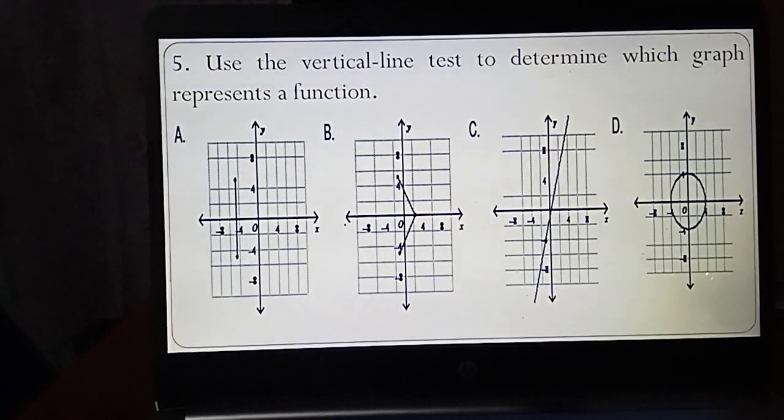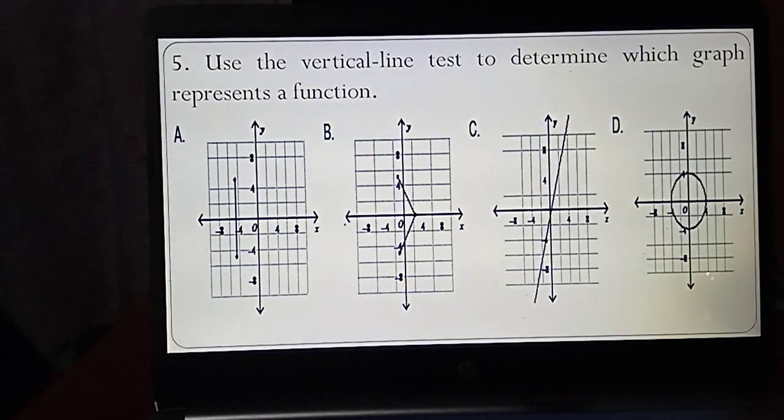Use the vertical line test to determine which graph represents a function. The rule in the vertical line test is that when we draw a vertical line on the graph, there should only be one point of intersection between the vertical line and the graph.